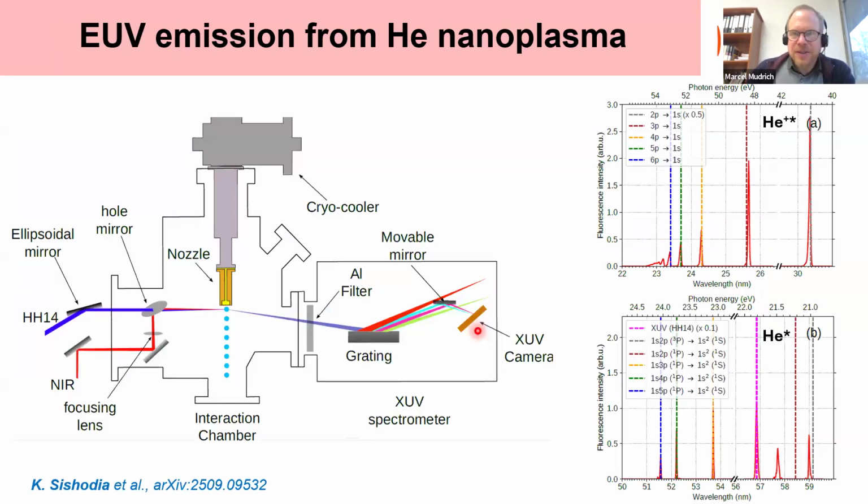Very recently, I would also like to mention this experiment, which was led by Keshav Sishodia from IIT Madras, a senior PhD student currently at the ELI Beamlines facility in Prague, and currently in the lab doing experiments very similar to this one. Again, we shot at helium nanodroplets with intense near-infrared laser pulses.